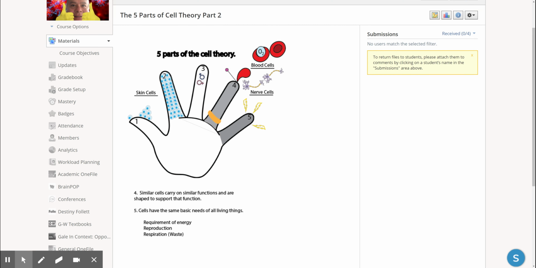So let's take a look at nerve cells again. They look kind of like little aliens from the Alien movie. Their job is to send electrical impulses from wherever you have pain all the way to your brain so that you know that your finger is hurting.